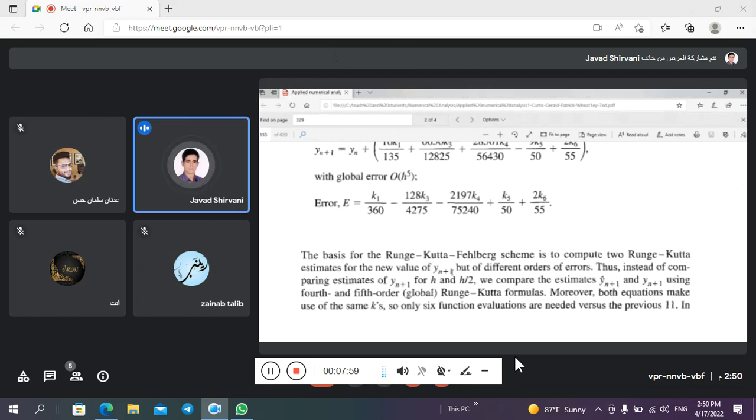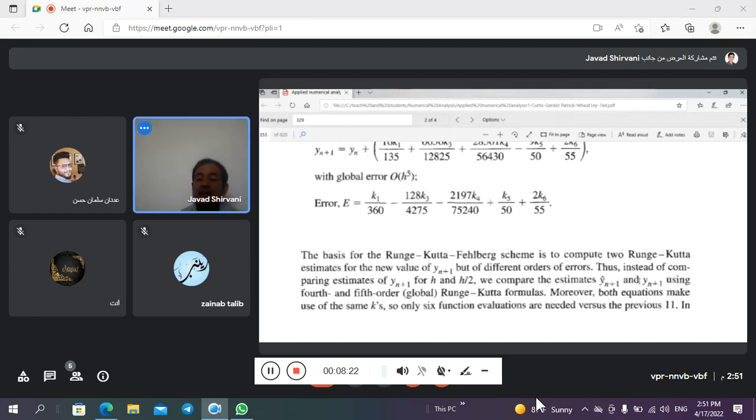Yn plus 1, but of different orders of errors. We have yn and y hat n. Thus, instead of comparing estimates of yn plus 1 for h and half of h, we compared the estimates of y hat and yn plus 1 using fourth and fifth order Runge-Kutta formulas.